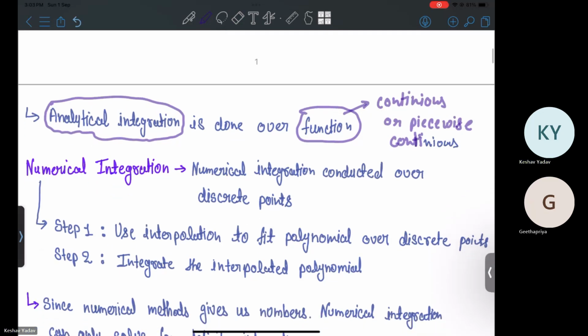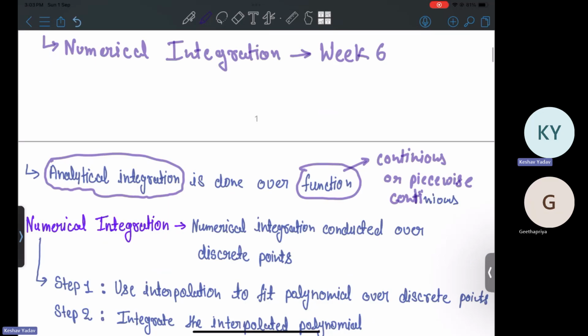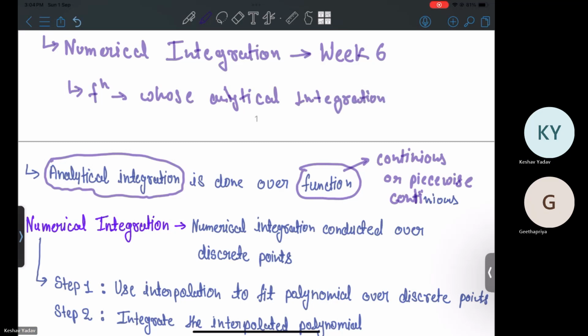So what will happen if I do not have a function? Suppose we have a function whose analytical integration is not possible.